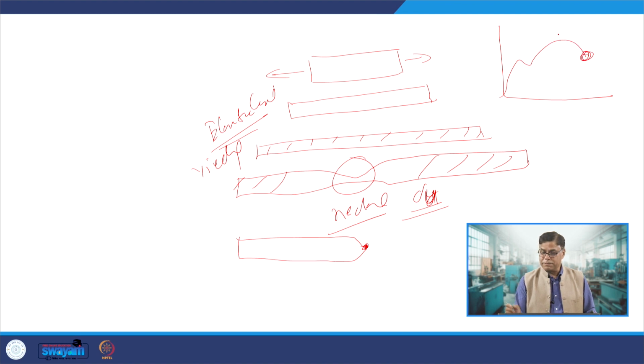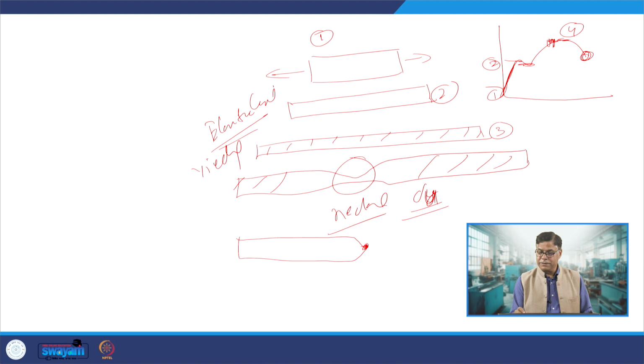This point corresponds to, if you just try to see it, point 1 is the initial stage, then stage 2 where the straight line relationship exists, and then the yielding starts. Then here you will see point 3 when the yielding continues, and then point 4, and then point 5 when the fracture will occur.